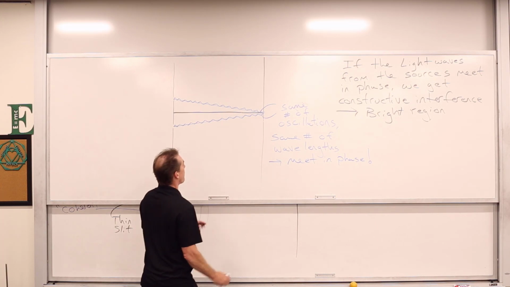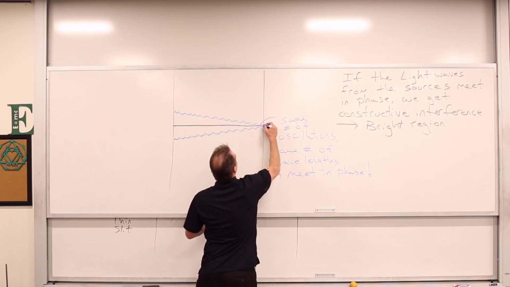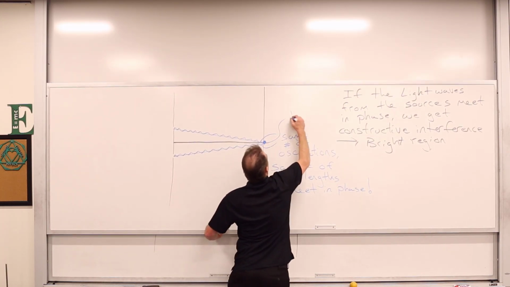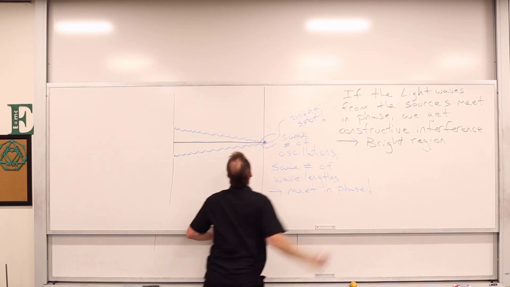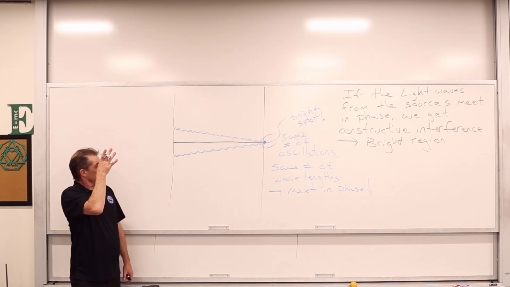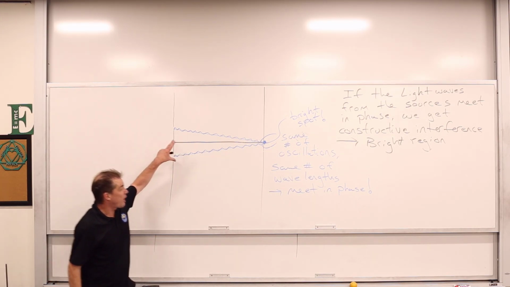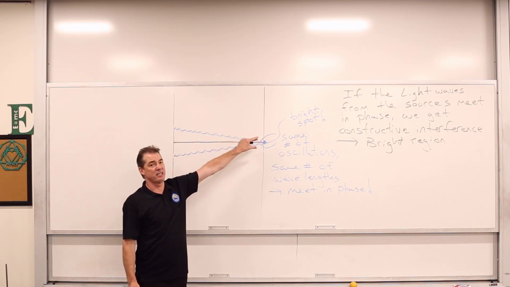What do we get? We get a bright spot. That's the only location where they can travel the same distance.